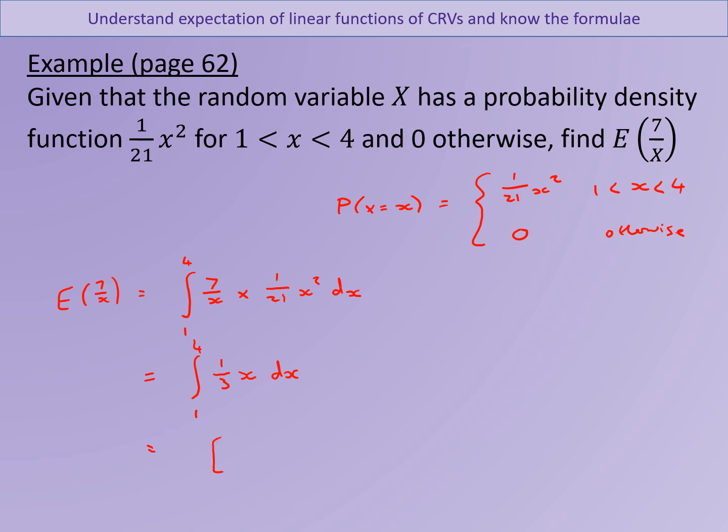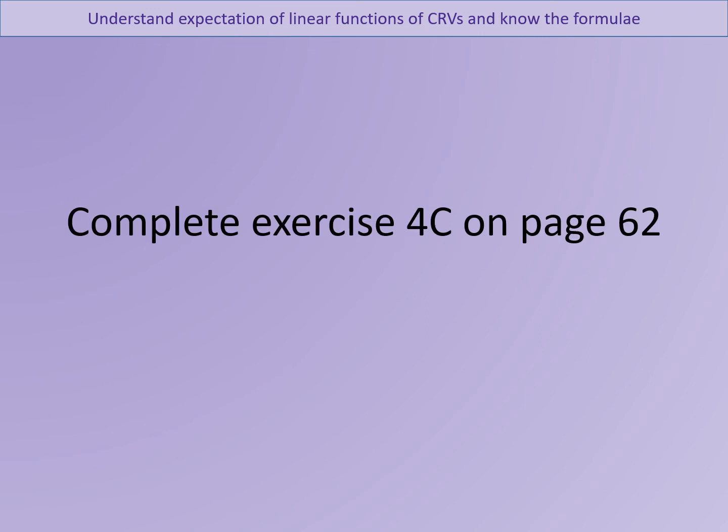This gives us 1/3 times x squared over 2, so 1/6 x squared between 1 and 4. So we're going to calculate f of 4 minus f of 1. This gives us an answer of 2.5. So the expected value of 7 over x is 2.5. Now complete exercise 4C on page 62.